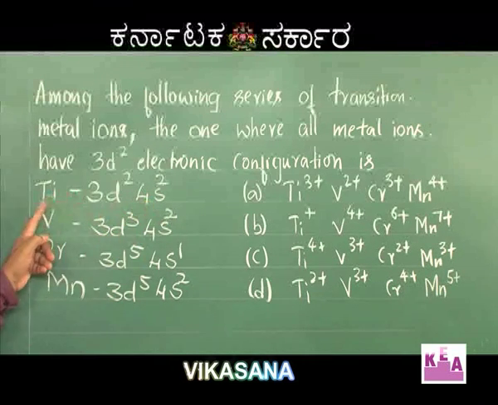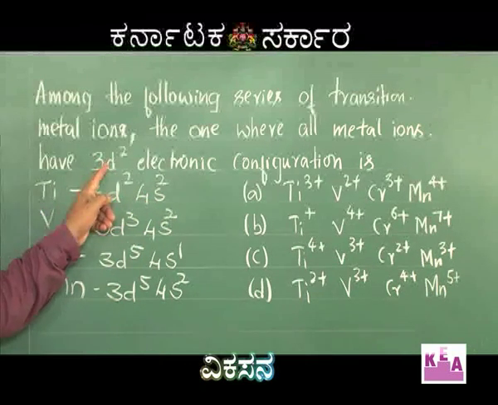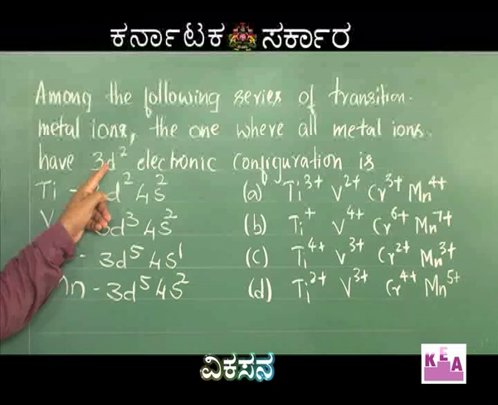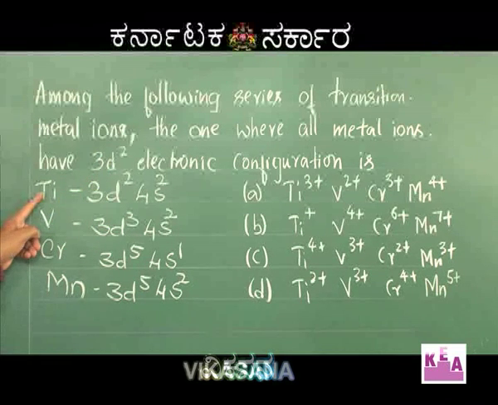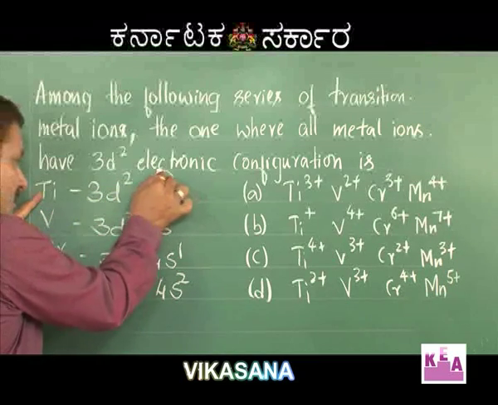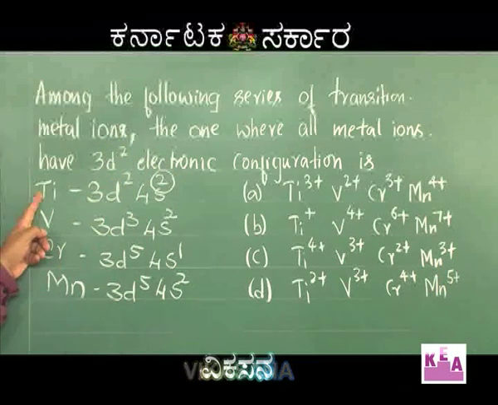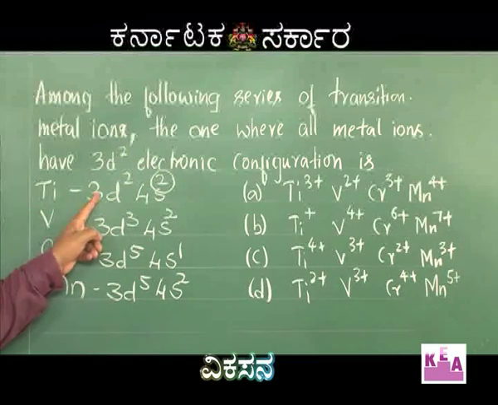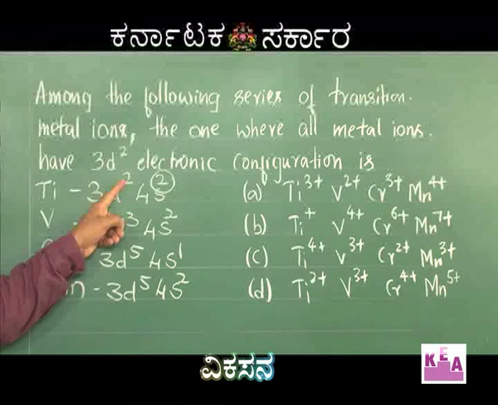To get the answer here, we have 3d2 electronic configuration. If you take titanium, if it exhibits plus 2 oxidation state, it has 3d2 electronic configuration.